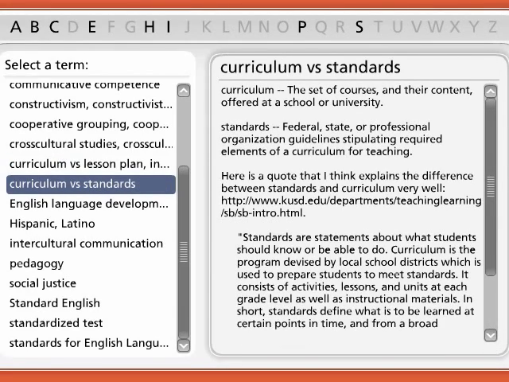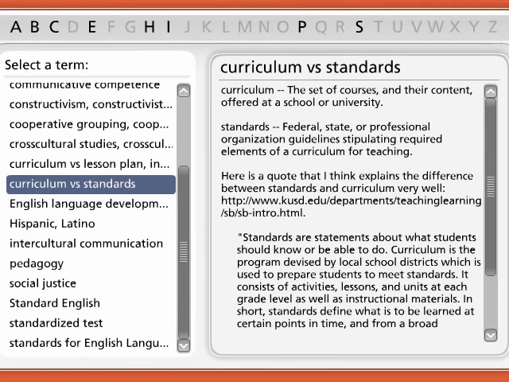Curriculum versus standards. Curriculum, the set of courses and their content offered at a school or university. Standards, federal, state, or professional organization guidelines stipulating required elements of a curriculum for teaching. Here's a quote that I think explains the difference between standards and curriculum very well, and you can see the web page it comes from.